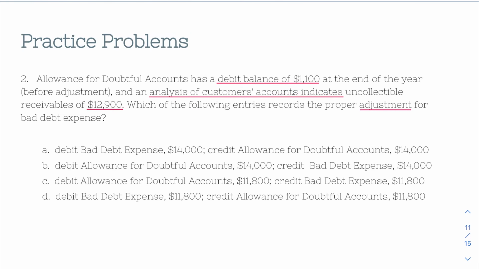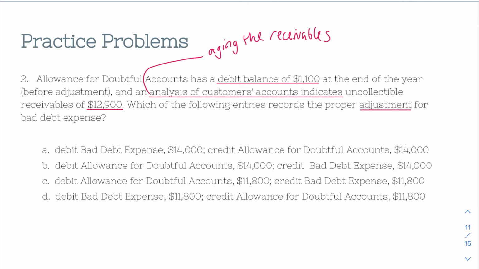That means we are using aging the receivables. So that is the estimating method we're using. We're not using percent of sales, we're using analysis of receivables, aging the receivables, whatever you want to call it. So that's important. And then since we're using allowance for doubtful accounts, we are clearly using the allowance method. So it's important to just make sure you are clear with these things up front so you don't get yourself confused.